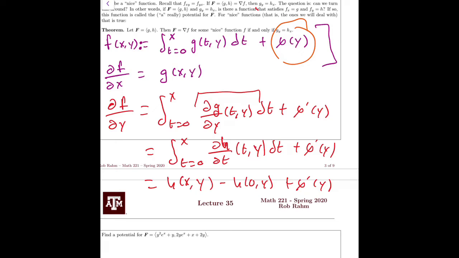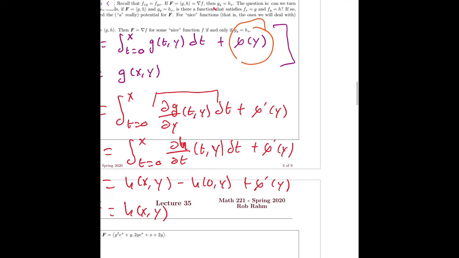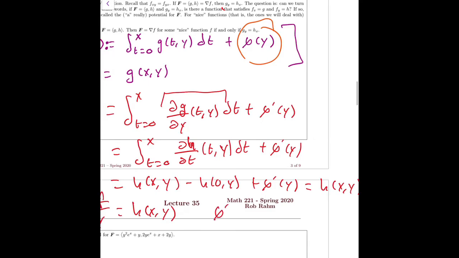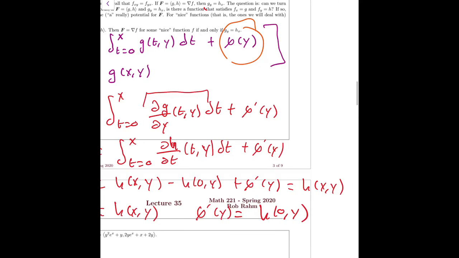Now, if we want f to be a potential, if we want the gradient of f to equal g comma h, we also know that the partial derivative of f with respect to y is equal to h of x, y. So if that's true, then this is also equal to h of x, y. And so what this tells us is that phi prime of y is equal to h of 0, y.